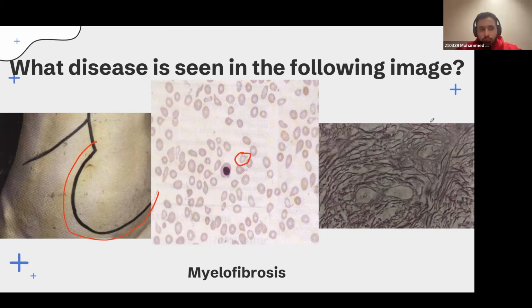Now, as these cells try to leave the bone marrow, they're going to be too big, so as they go through, part of the membrane will be squeezed. That's why you have this, and because of the ineffective erythropoiesis, you'll have nucleated RBCs. So that's myelofibrosis.